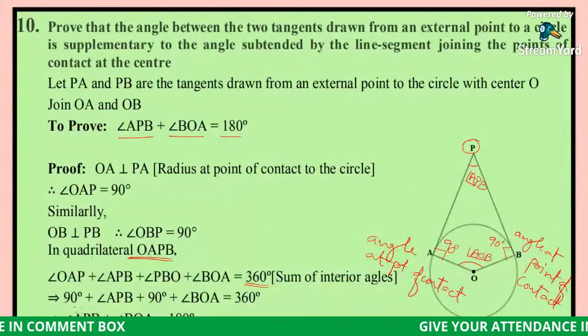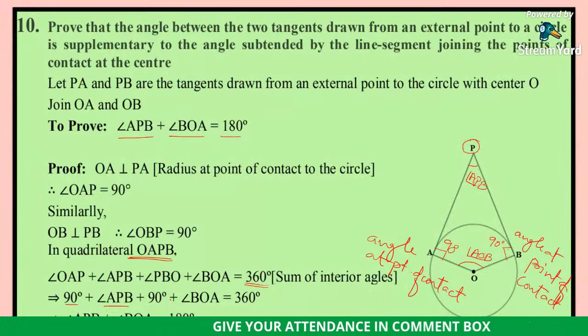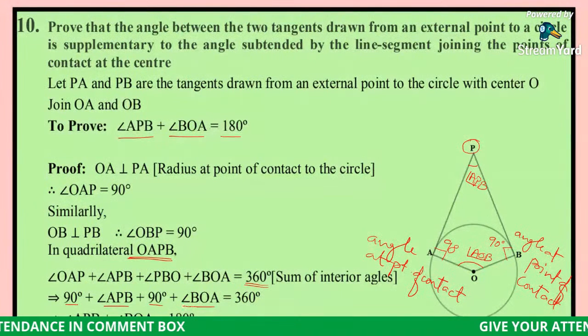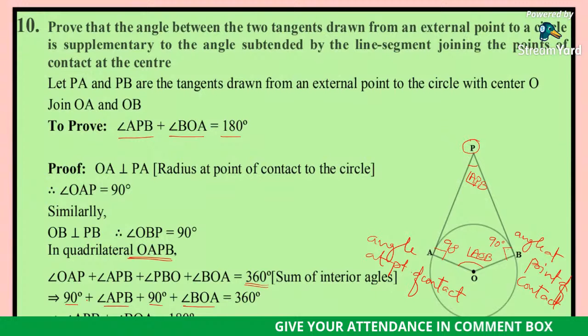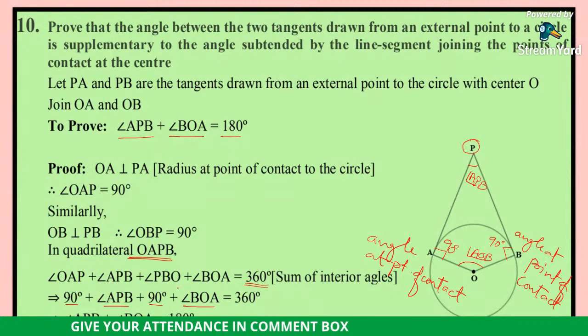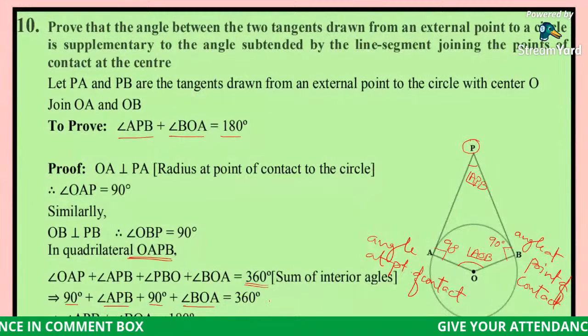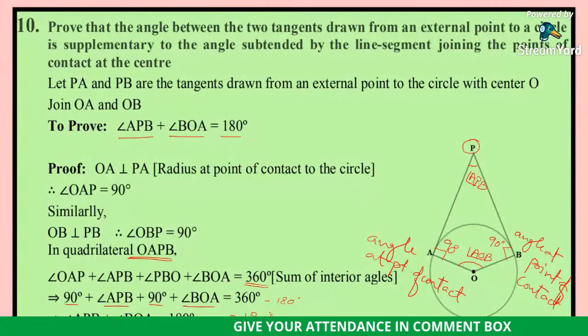And we already know angle OAP is 90, APB we don't know, write as it is, PBO is 90 degrees by property, and BOA we write as it is, equal to 360. Next 90 plus 90 will become 180. If you transpose 180 to the other side, 360 minus 180. Right? If you do 360 minus 180, your answer is going to be 180 only.